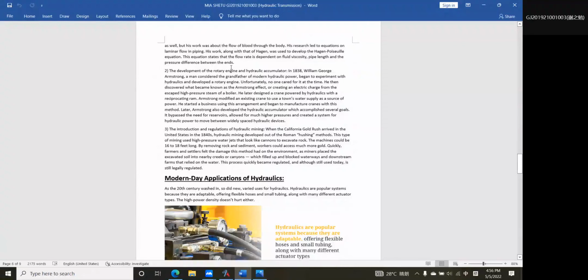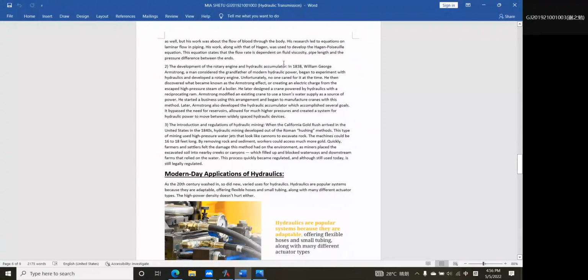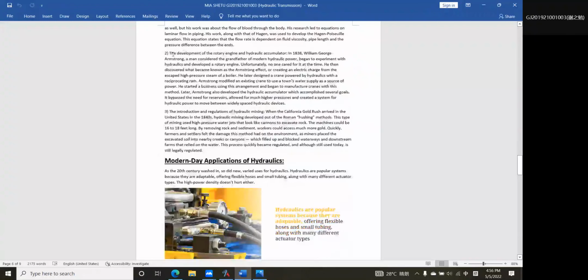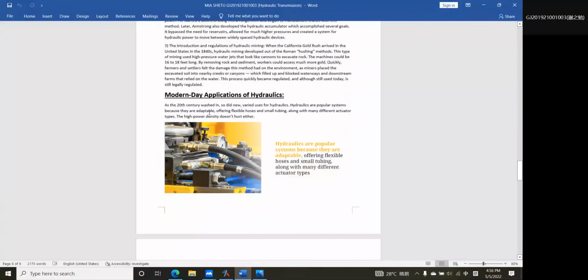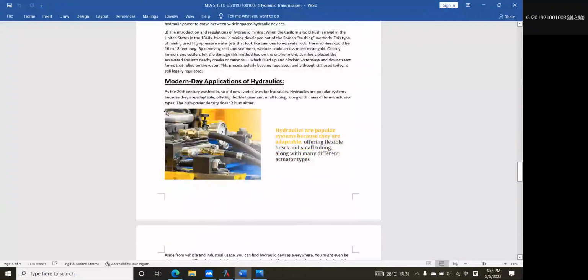This equation states that the flow rate is dependent on fluid viscosity, pipe length, and the pressure difference between the ends. The development of the rotary engine, the introduction of regulations, and modern day applications of hydraulics.